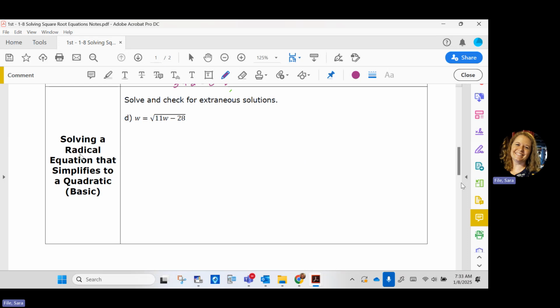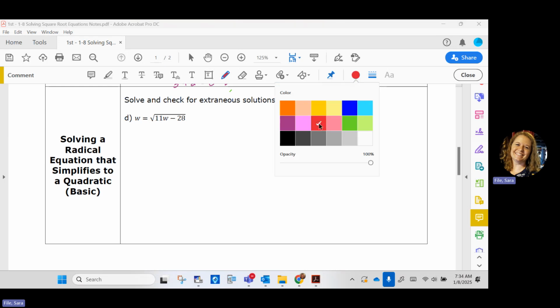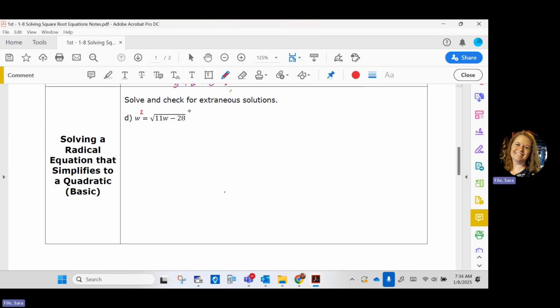This one says solving a radical equation that simplifies to a quadratic. Okay, that's because it's going to become a quadratic because the variable is not just under the radical, the variable is also on this side. Now this radical is already isolated, so step 1 is done for us. So we're ready to square both sides.